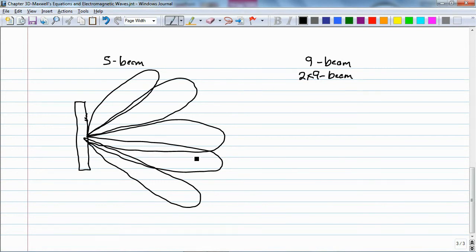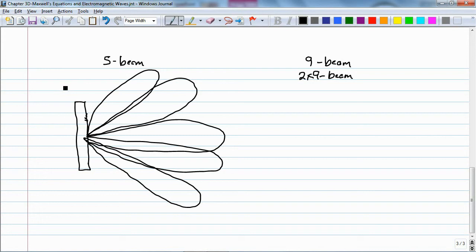So there's a lot of different configurations that you can do with these antennas, and it's a very large market for building these antennas to provide service, especially in cellular systems. Now these antennas are not small.